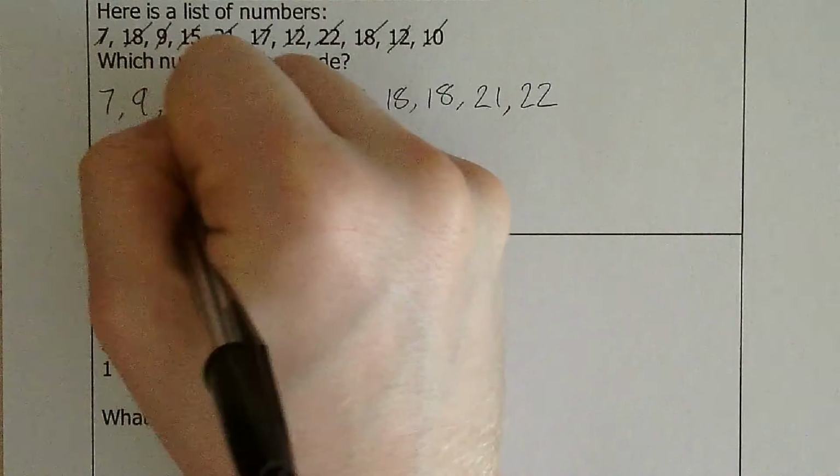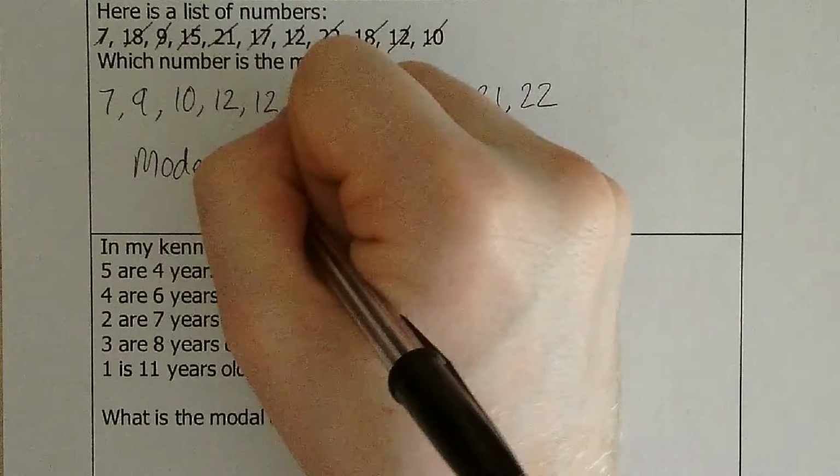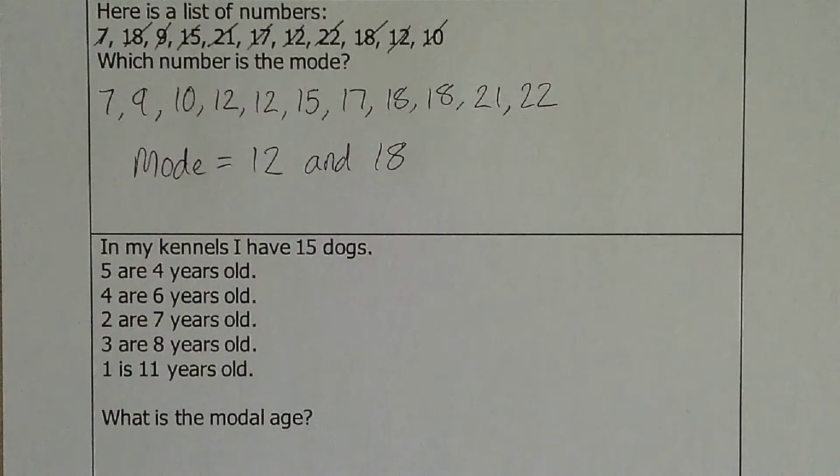Therefore the mode in this question, because 12 and 18 appear the most often, is 12 and 18. Here we have more than one mode because more than one number appears the most times.